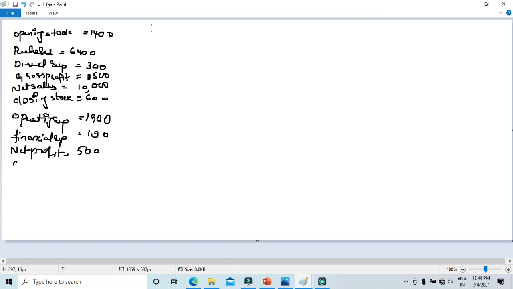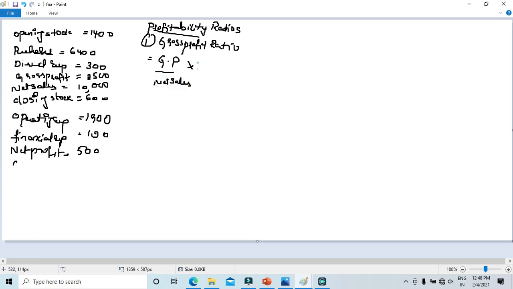So we are going to do profitability ratios. The very first one under this is gross profit ratio. The formula is GP, gross profit divided by net sales into 100.